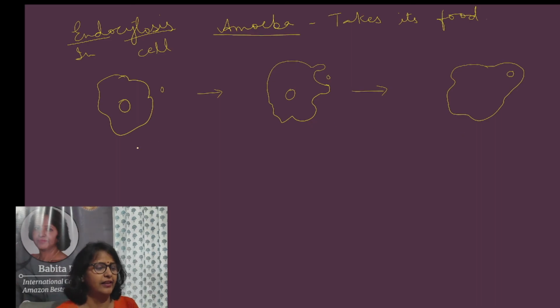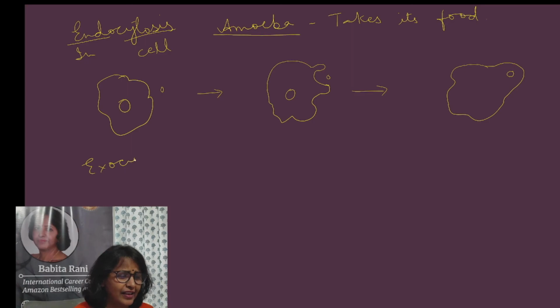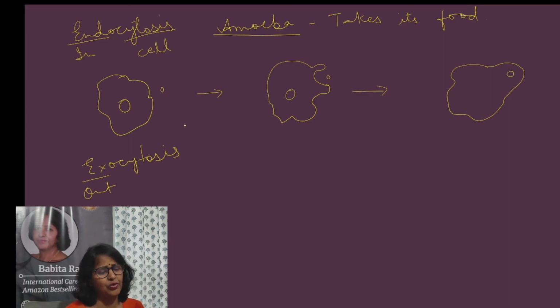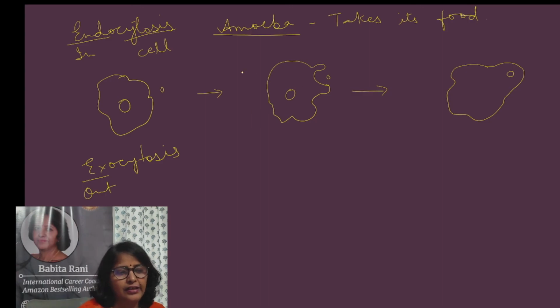Now moving something out of the cell is known as exocytosis. Exo means out, cyto means cells. So this amoeba is being helped in intake of its food because it has only cell membrane which is quite flexible.